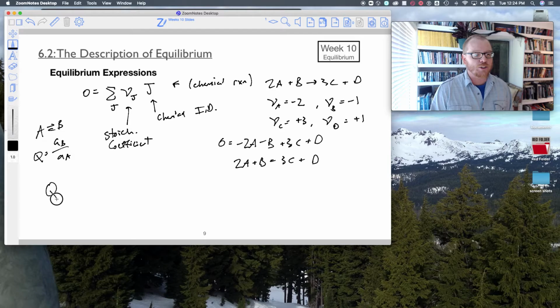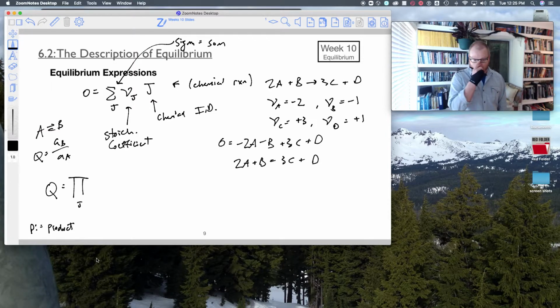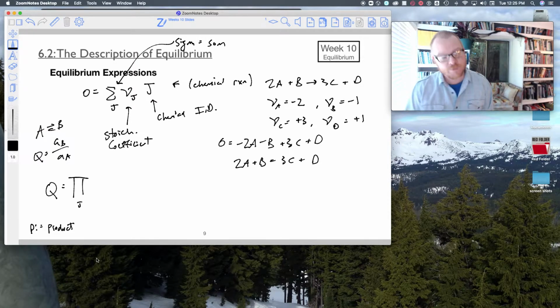The reaction quotient Q equals big capital pi, sub J. If sigma, the Greek letter sigma, equals a sum, then capital Pi is the symbol for product. I'm not sure if you knew that or not.